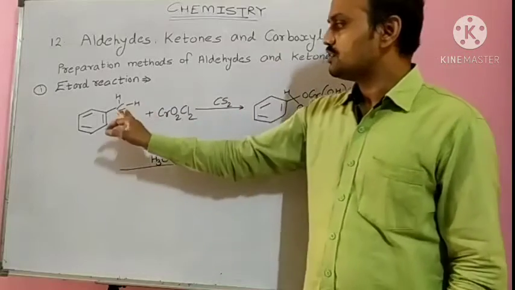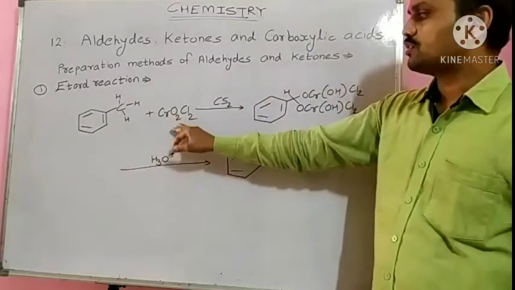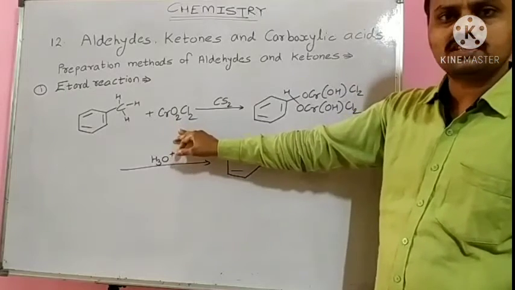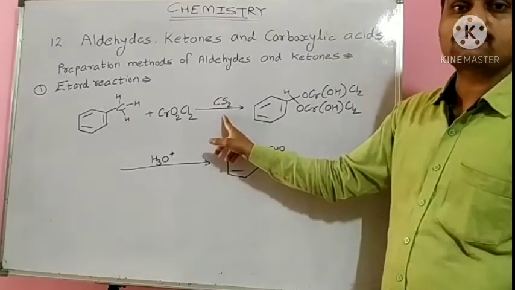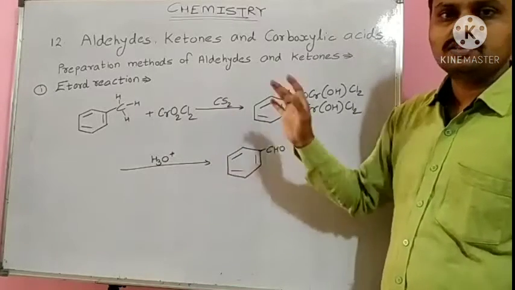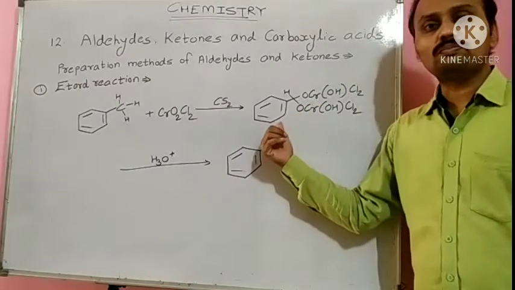In this reaction, methyl benzene reacts with the oxidizing agent chromyl chloride in the presence of carbon disulfide, or CS2, as the solvent, and we get a chromium complex.